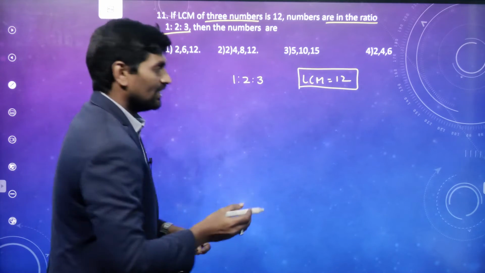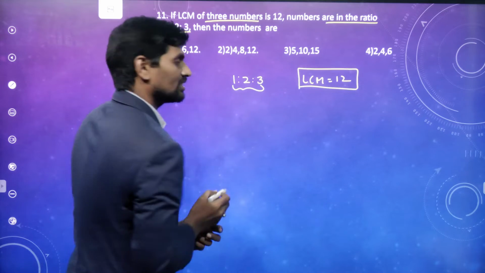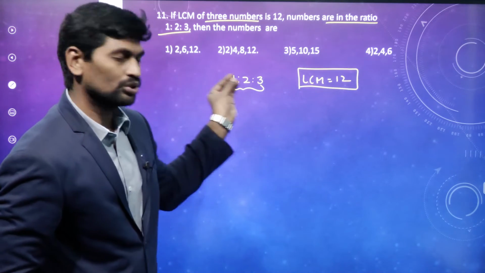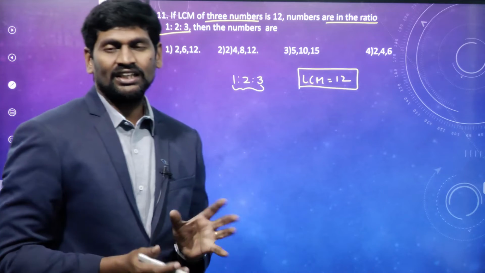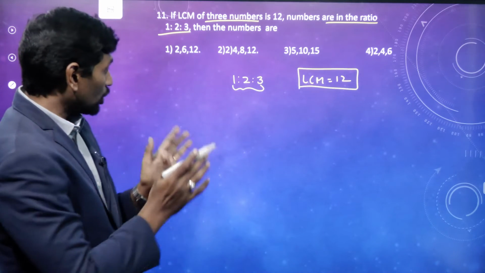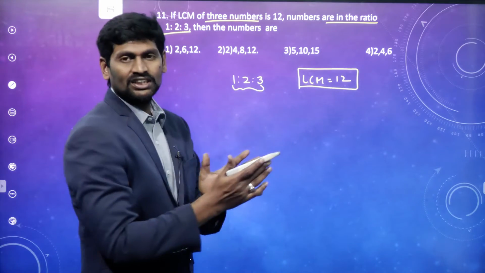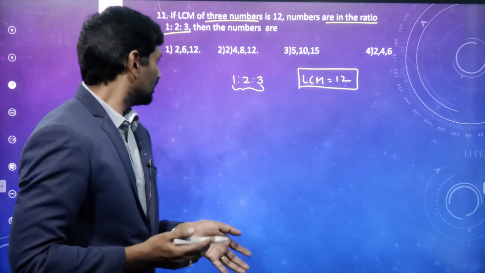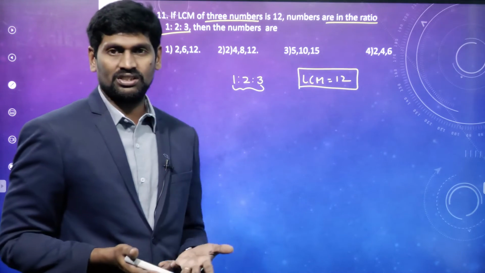So before that, let us add these 3 numbers. Because the ratio 1:2:3 can come in any other table, that means there is a common factor between 1, 2, 3. That common factor can be 10, 100, 200, 300, whatever it can be. It will give different numbers.